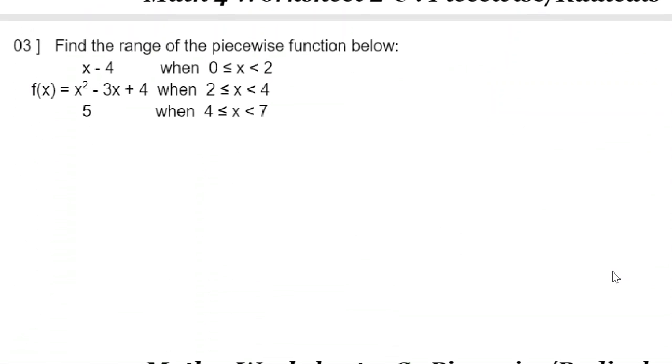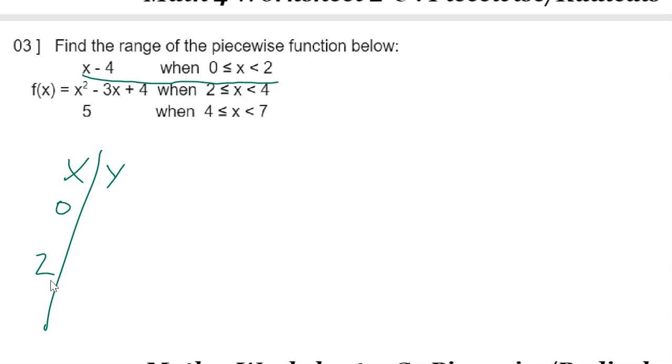Now, find the range of the piecewise function below. Wow. What we kind of need to do is, since we don't have a graph to work with, we're going to take these one at a time, and we're just going to do a t-chart, and we're going to do where x is 0 and where x is 2.